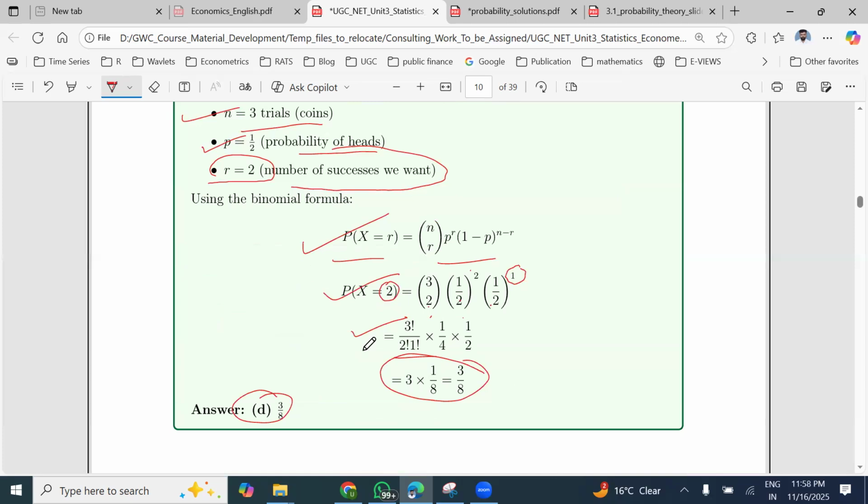How is the 1 coming over here? Why is it written 1? Because the number of successes we want is 2. N is 3 and R is 2, so 3 minus 2 is 1 only.